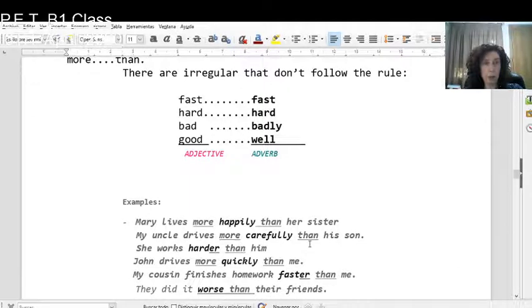And now, examples. Mary lives more happily than her sister. My uncle drives more careful than his son. She works harder than him. John drives more quickly than me. My cousin finishes homework faster than me.